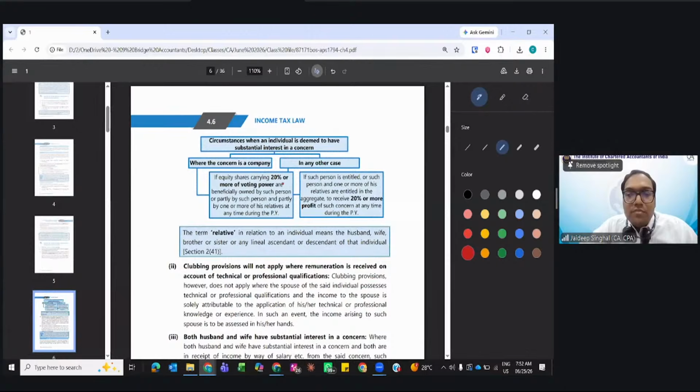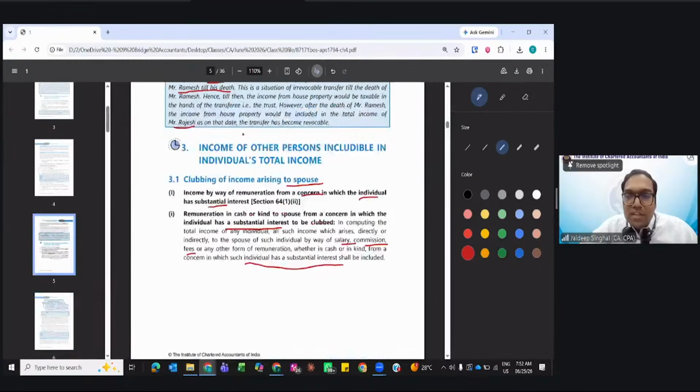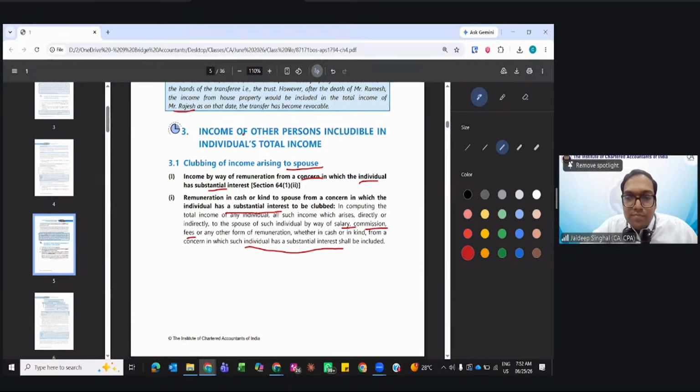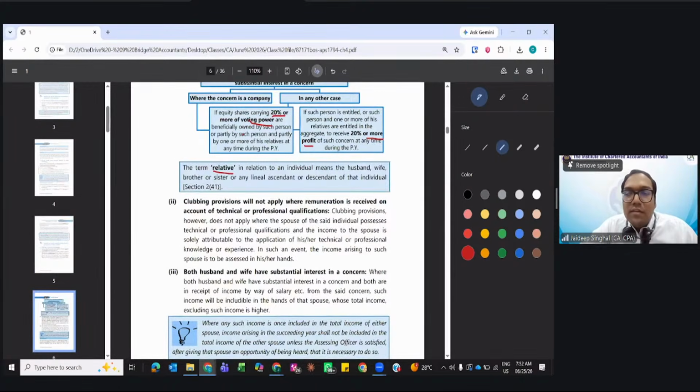Now they're saying where there is a company, 20% or more voting power, and in any other case 20% or more profit share. Who is a relative? That is also discussed. You or the relative have the substantial interest. Clear?